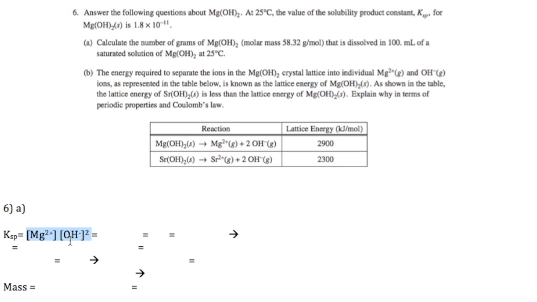So this is in terms of the ratio, and that squared still stays there. So if we do it here, we can see that that's what it gives us by just substituting in the C, and this is due to the ratio, I remind you. And let's keep going. So this is equal to 4C cubed, and then they give us the value of KSP. They give it to us. It's given here in the introduction.